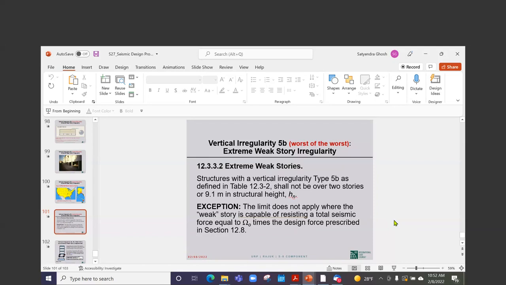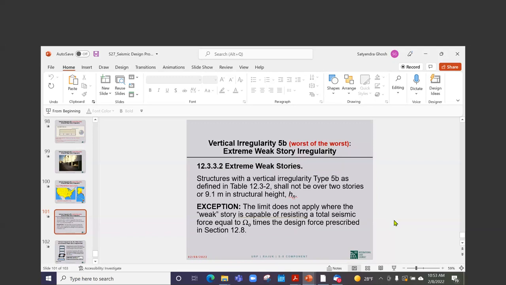We do not design the foundation for overstrength factor, but the column itself and the column to foundation connection have to be designed. If it is a steel column, then it is the steel column, the base plate, the bolts that go into the concrete, but not the concrete foundation.